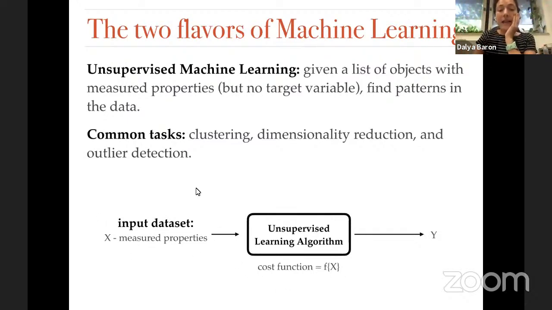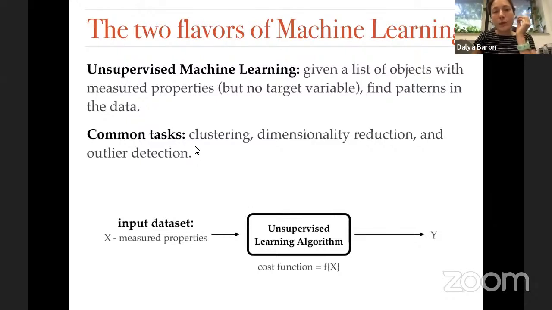But rather, I have some sort of an input dataset, a list of objects with measured features, and this is the input to the unsupervised learning algorithm. It has a cost function that depends only on the data that I inputted, and the output is some sort of a target variable. And using that, we can find patterns in the data.